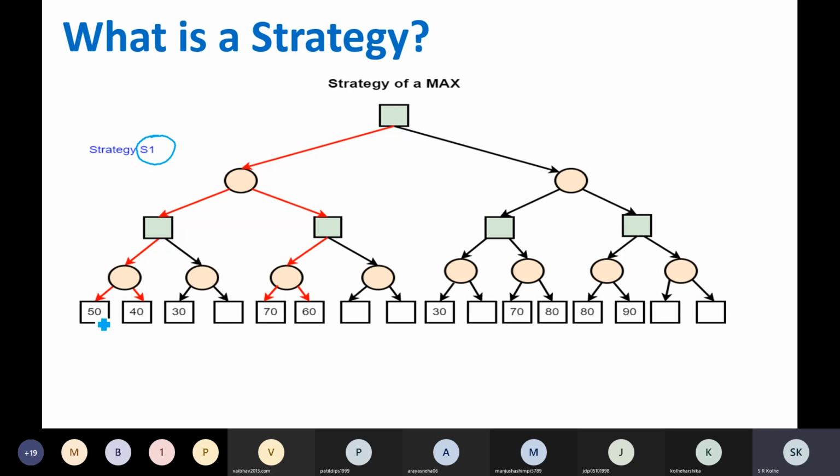So min will select. Now these are terminal values, utility values, either this 50 or 40. So which one will this min node select in this particular situation?